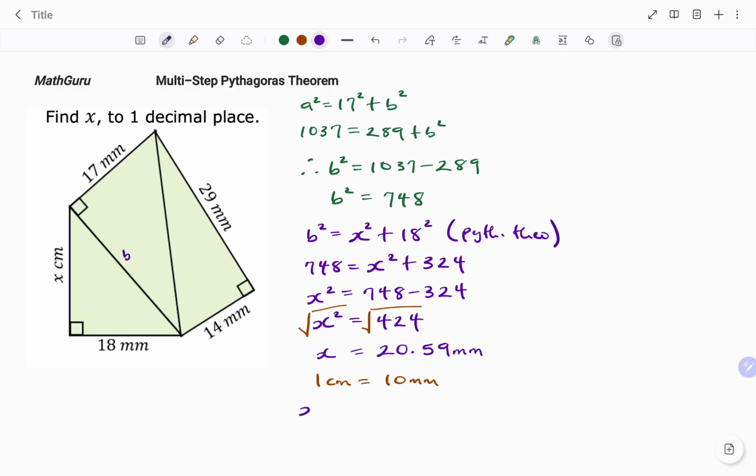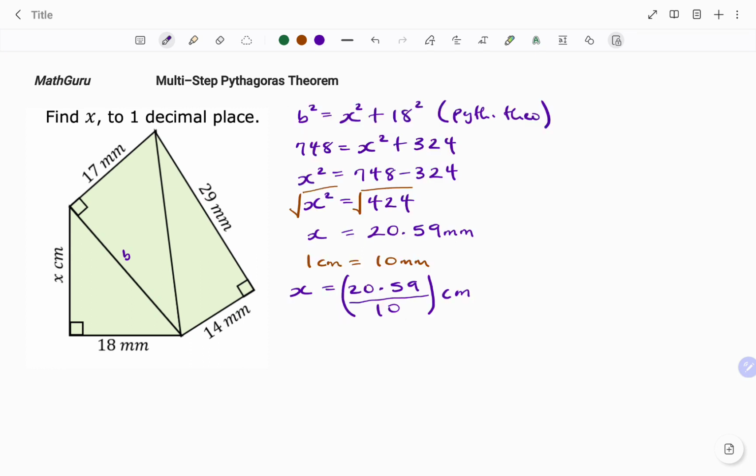So I have x, which is equal to 20.59 divided by 10. That answer will be in centimeters. Therefore, my x is equal to 2.1 centimeters to 1 decimal place.